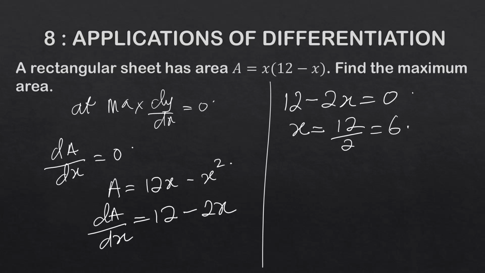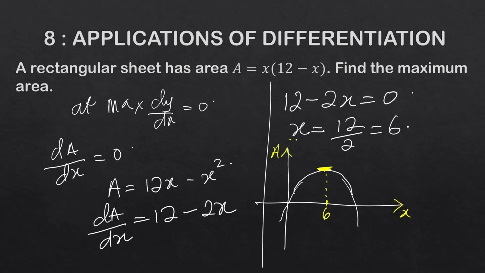Now, I have gotten 6. 6 means at that maximum, the value of x. So if this is a curve, right now, okay, this is the maximum. Let me highlight it with this color. This is the maximum. So at that maximum, the value of x is 6. This is the x value, and this is A on the vertical.